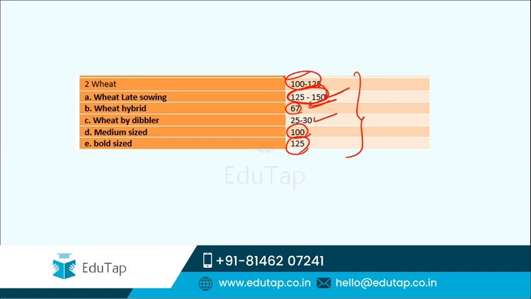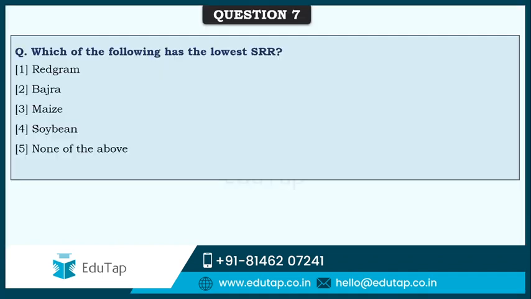If you still have doubt, I can check it and give you the references also from where I have taken them. But yes, I am sure that this is the right one, 125 to 150. So I'll check it once again. Okay. Next, which of the following crops has the lowest seed replacement rate?